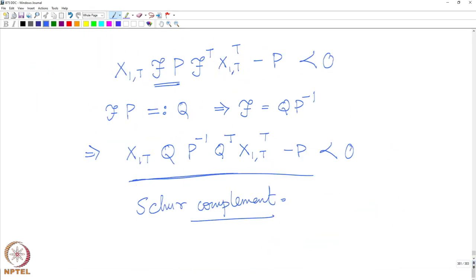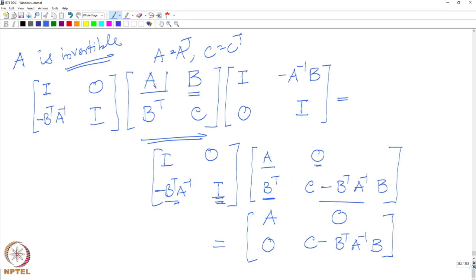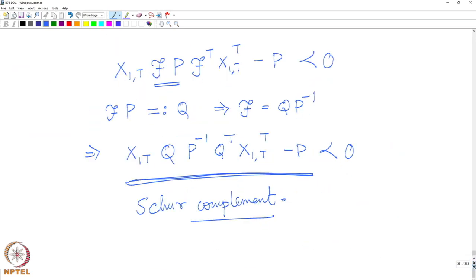We have something like this which looks eerily similar to this expression C minus B transpose A inverse B. Yeah. So, you see if I put P over here and a P over here and an x1 T Q over here and Q transpose x1 T over here, and I put this matrix, then this matrix is positive definite if and only if this expression is true.